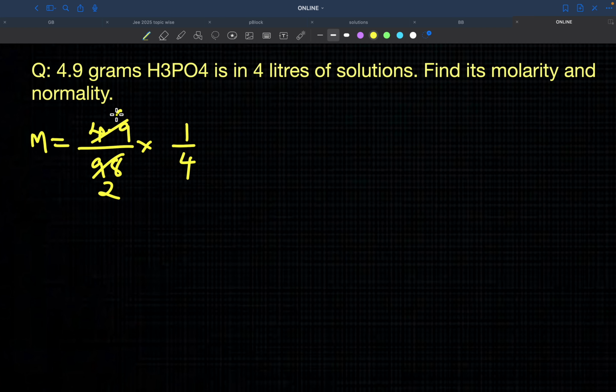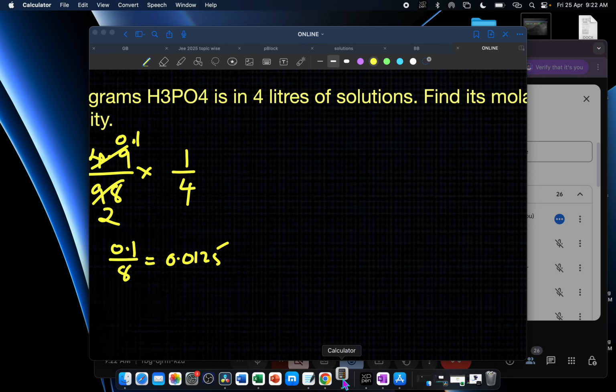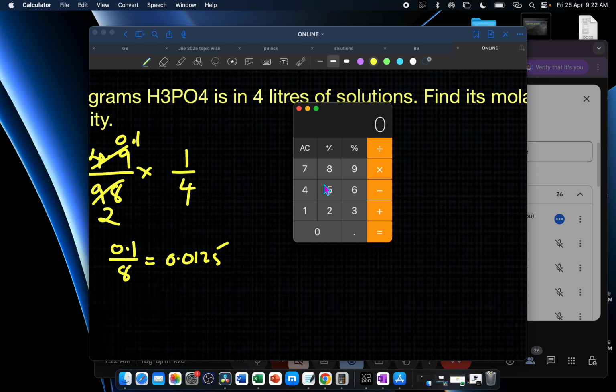This goes 2 times, and 0.1 is left on top. So this is 0.1/8, which is 0.0125. 4.9 by 98 is 0.05, divided by 4, 0.0125.